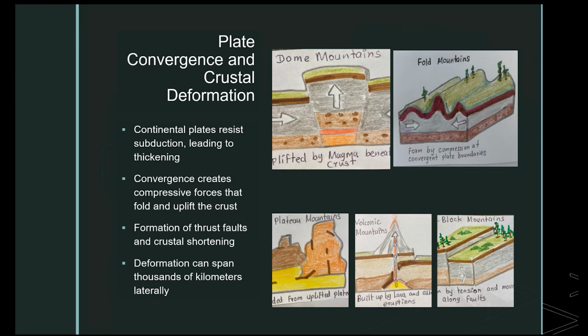In this slide, plate convergence and crustal deformation are discussed. When 2 continental plates collide, neither easily subducts due to their buoyancy. Instead, the crust thickens and shortens. Here you can see the images that I flashed, showing fault mountains forming.